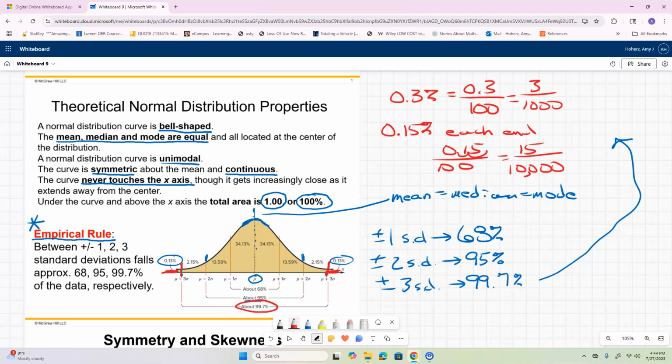So that would be 15 out of 10,000 data values would fall on either the right end or the left. So just not very likely at all. You'd have to have 10,000 data values before you would anticipate that you would have only 15 of those be in the very left side tail or the right side tail of that normal curve.